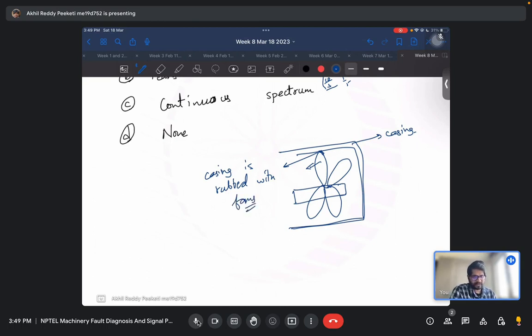Whenever a fan comes there, it actually hits the casing. So this is called rubbing. When the components, as they are rotating, are touching against the casing, that generates rubbing.